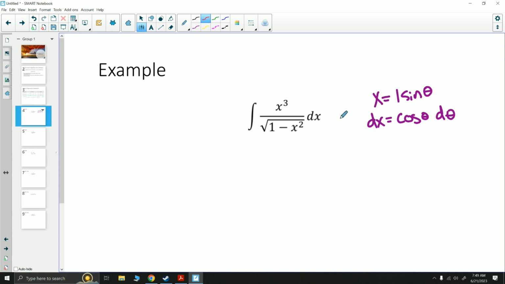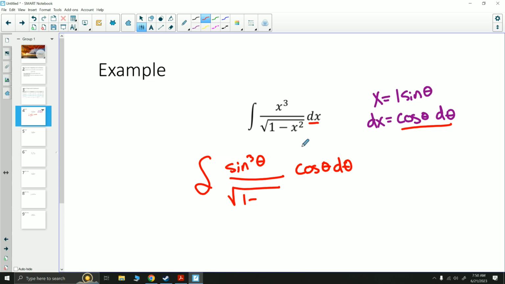But for us, we don't really have any way to do that, but that's okay because dx is equal to cosine theta d theta. So our x cubed, x is sine theta, so that's going to be sine cubed theta. Our dx is going to be cosine theta d theta. And on the bottom, we have the square root of 1 minus x squared, x being sine, so this would be sine squared theta.